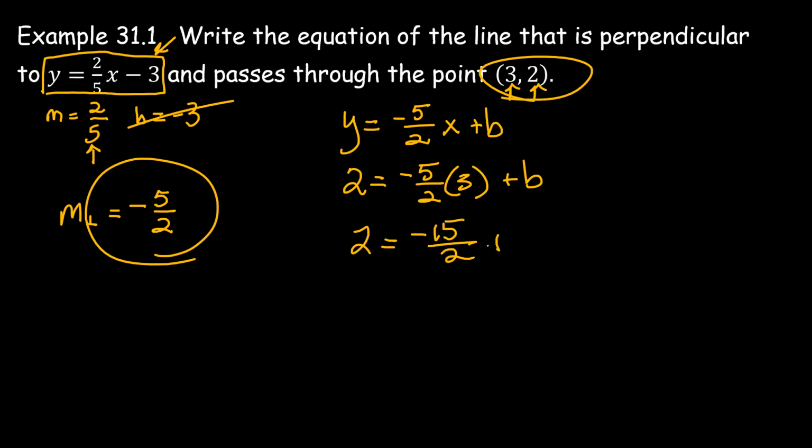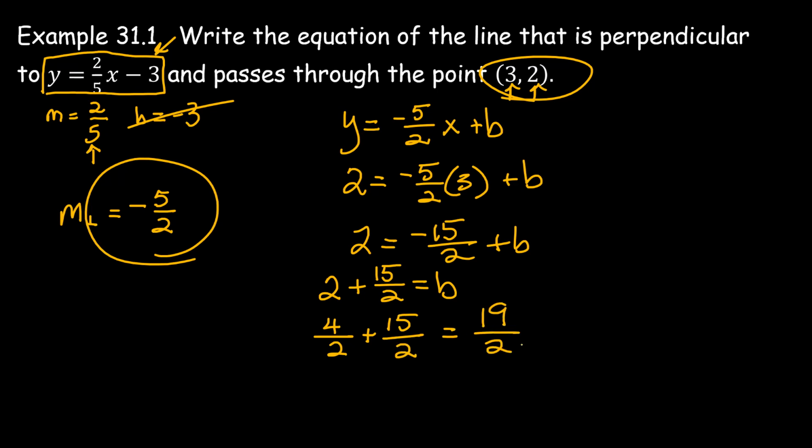-15/2 plus b. I'm going to move that -15/2 to the other side, so I'll have 2 plus 15/2 is equal to b. And then I'm going to get a common denominator, so 4 over 2, which is 2, plus 15/2 is going to be 19/2, and that is going to be b.